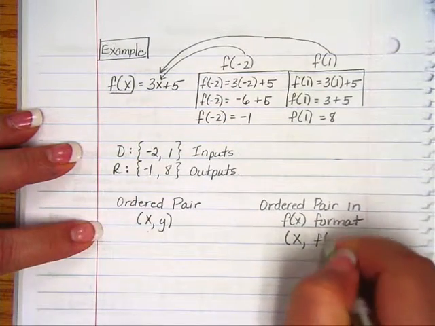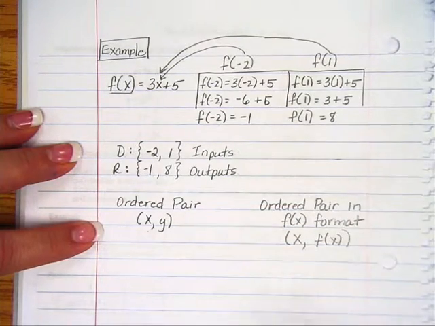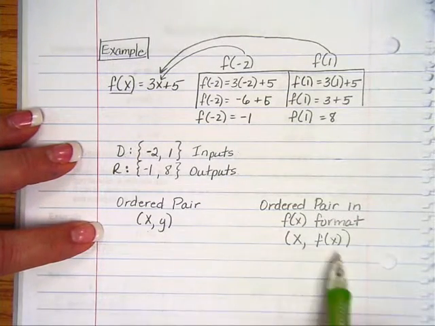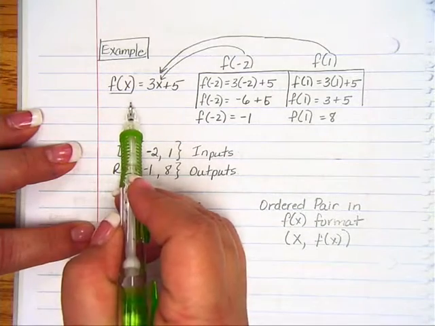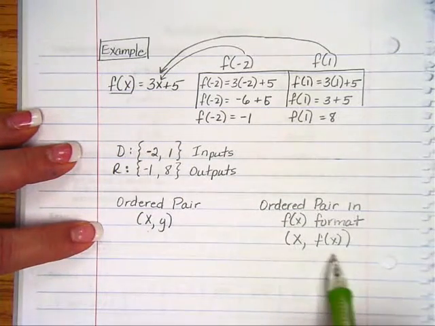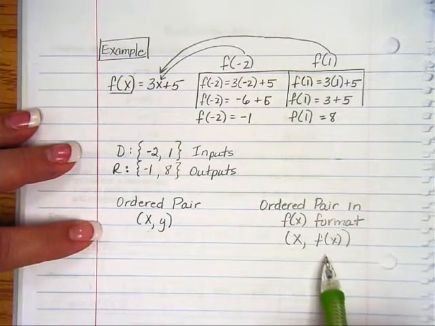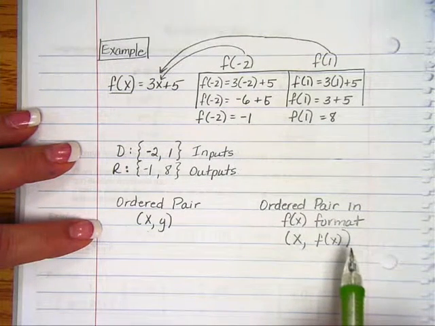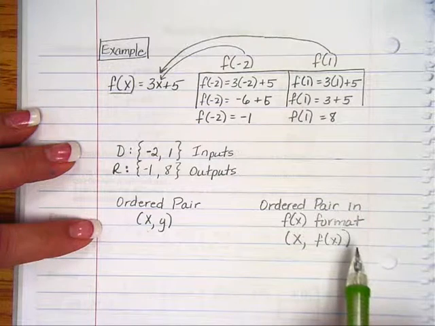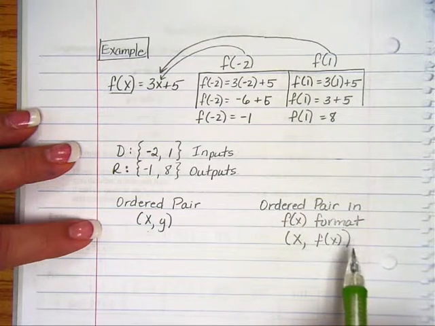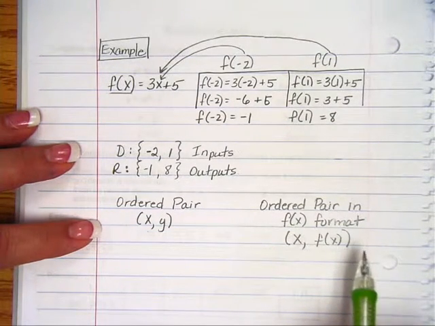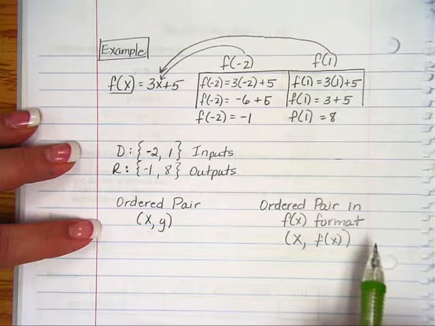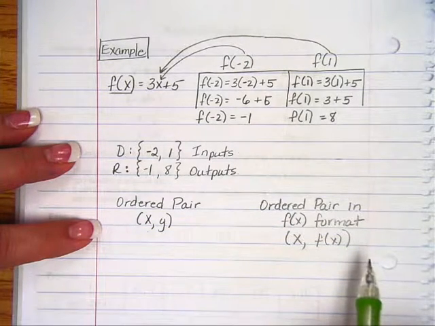So if I'm just replacing y with f of x, if I'm going to do an ordered pair, it's x and f of x. F of x is the function of x. It's what happens when you put x in. It's the output of x. It's the range. I know, it's words. We've got to learn our words.